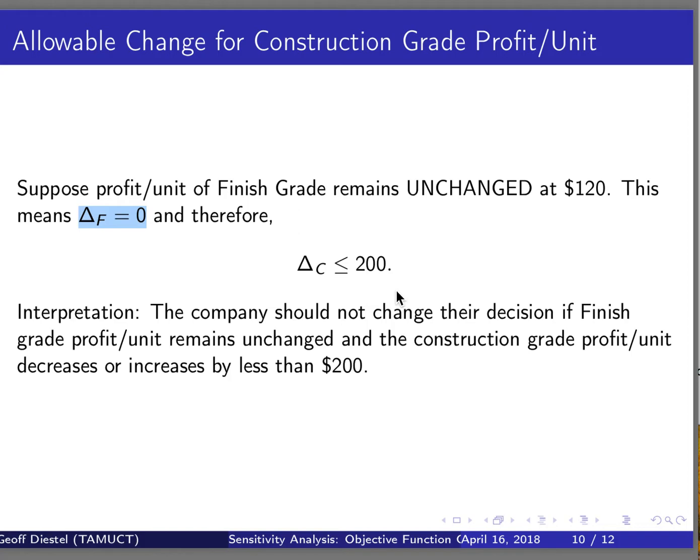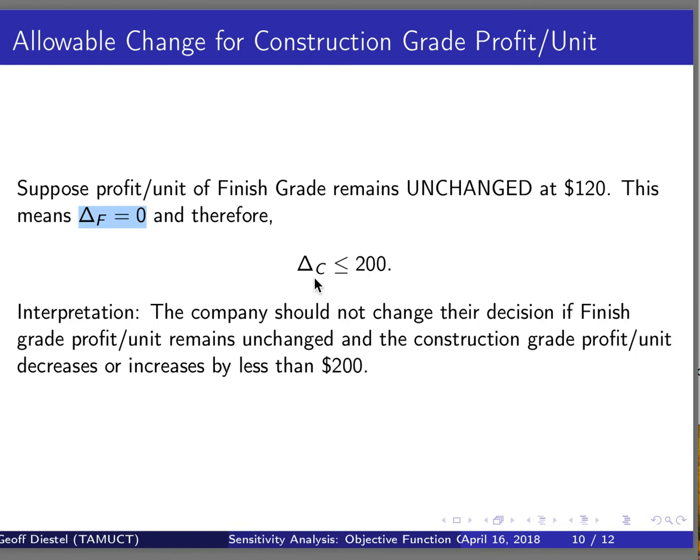Do you think that if the profit is $100 for construction grade lumber, in a very short period of time, like a week or two, the profit is going to change to triple in size? I guess that's feasible, but in the context of this problem, I would say probably not. So this number is quite large compared to the original number, which was 100.